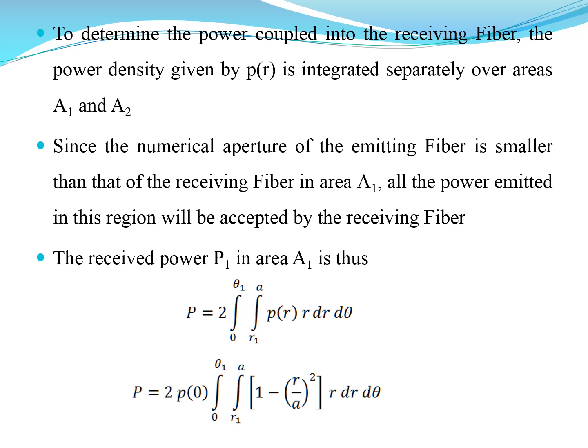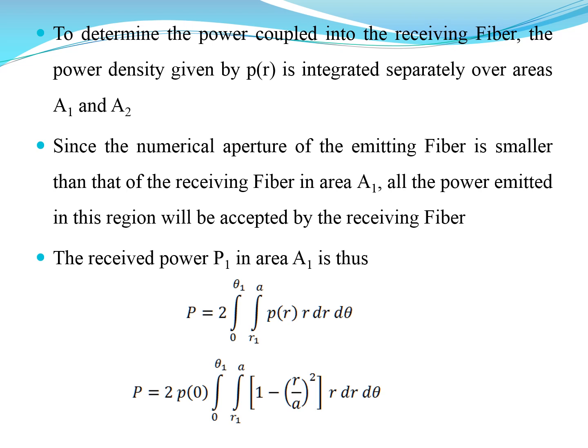So the power density is integrated over the areas A1 and A2. The numerical aperture of the emitting fiber is smaller than that of the receiving fiber in area A1. All the power emitted in this region will be accepted by the receiving fiber. So this has to be noted down.